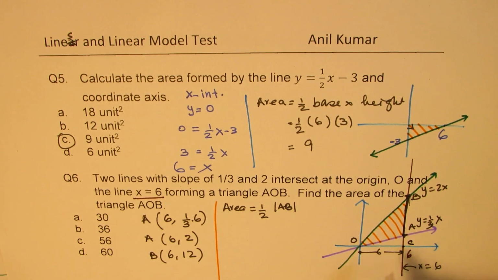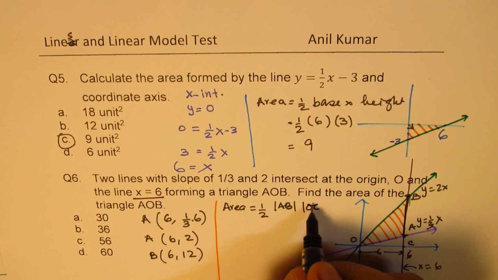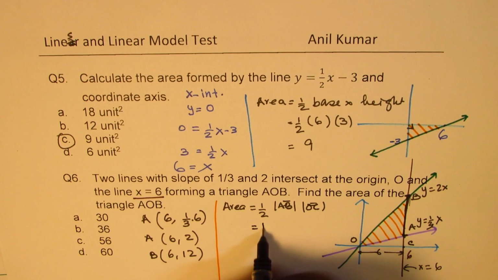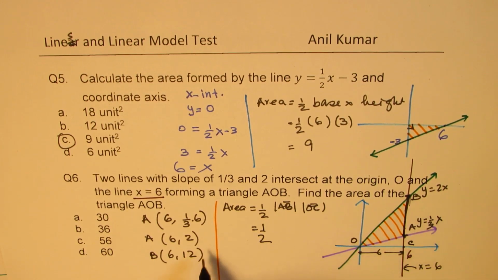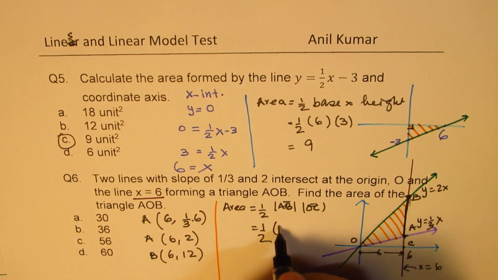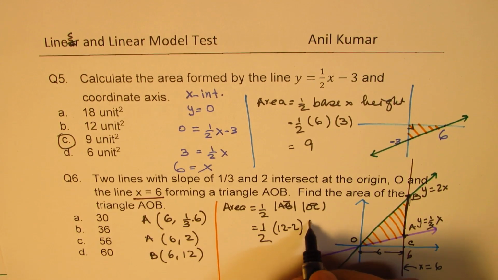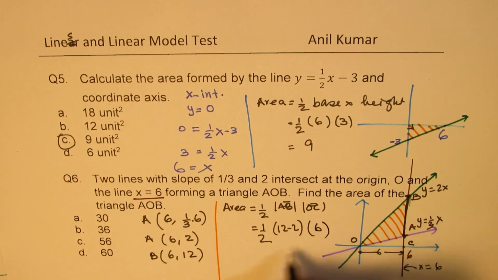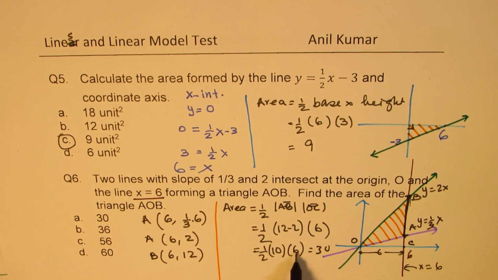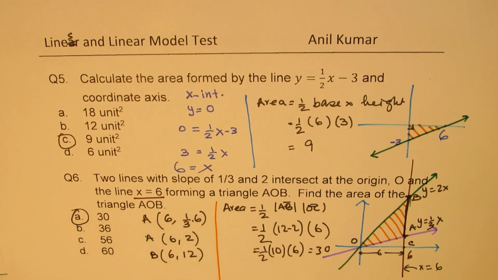Let's call this point C, right? O to C, right? Which is half of AB, which is 12 minus 2, which is 10. OC is 6. So it is half of 10 times 6, or 30. Half of 6 is 3, times 10 is 30. So the answer, option A, is the correct option.